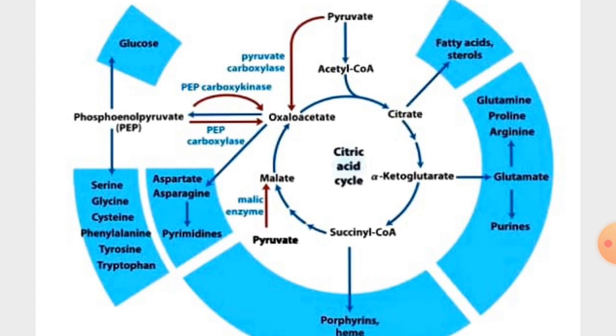Next, it is not only replenished by pyruvate carboxylase, it is also restored by the gluconeogenesis steps. Oxaloacetate is converted into phosphoenolpyruvate, and then into glucose in gluconeogenesis. But phosphoenolpyruvate, which is the ninth step of glucose oxidation, can also be converted back into oxaloacetate by phosphoenolpyruvate carboxylase.